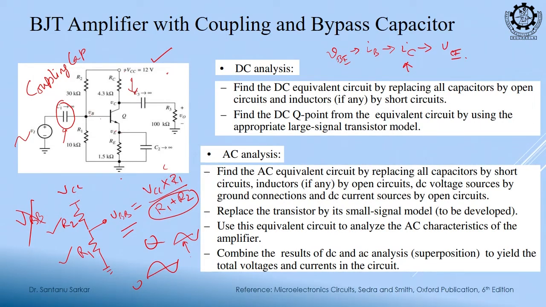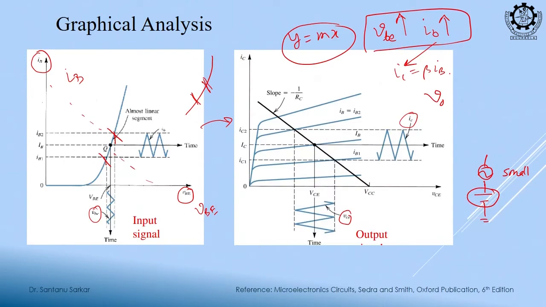Now, I do not want it to get disturbed. If it is disturbed, what will happen? The Q point may vary and it may come to this position, and on one side the room will be short, on the other side it will be big. One side my room is less, the other side my room is more. So, my output swing is not symmetrical, it is asymmetrical. So, I do not want to disturb that.